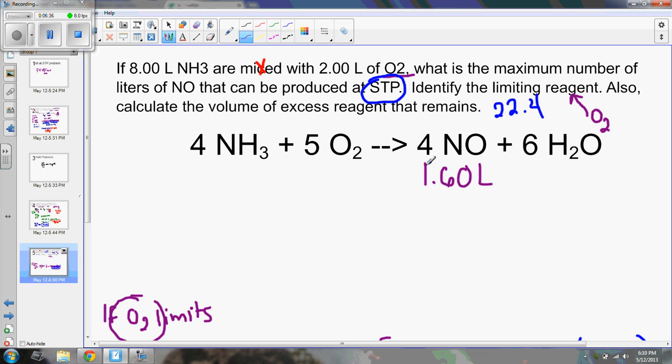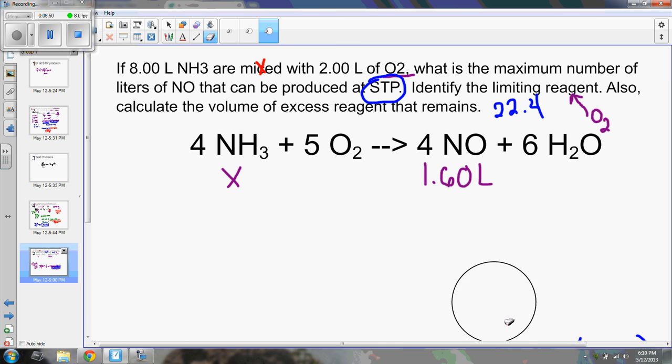So if I know I'm going to make 1.60 liters, I want to solve for X as my excess reagent. Now I set up another stoichiometry problem based on the fact that that's the most NO I could ever make. So now I want to go from this one to this one.